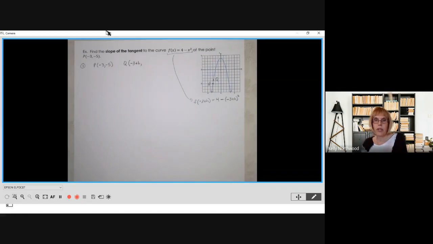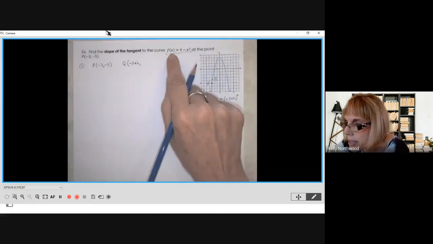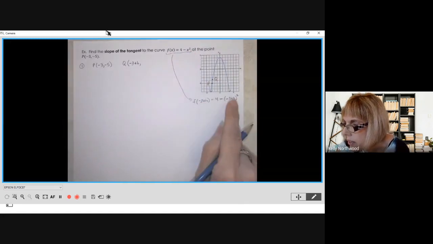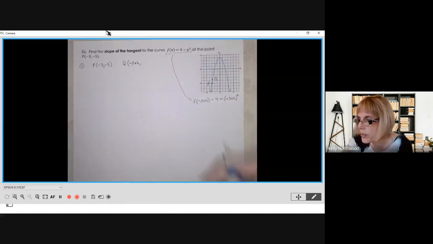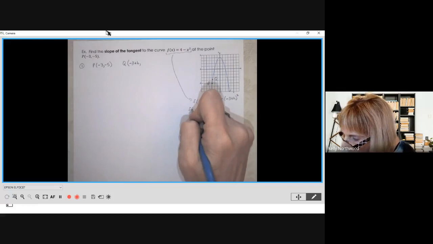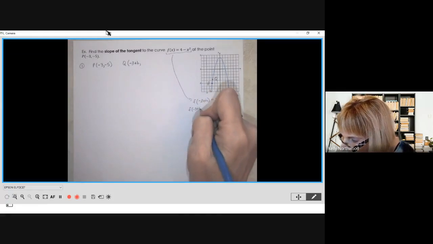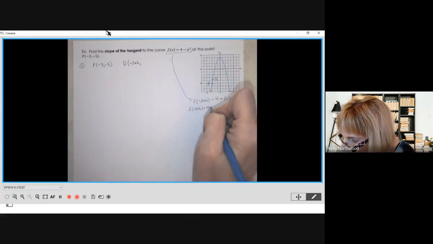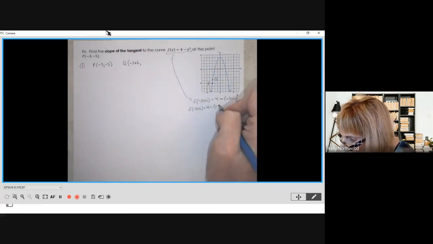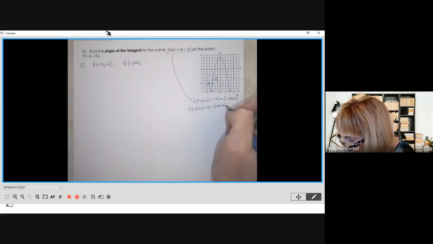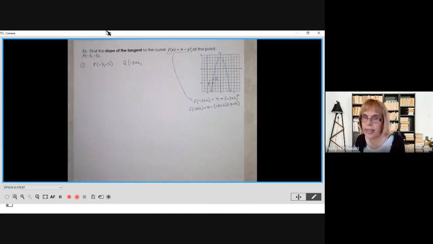So that first step was just using function notation, replacing x with -3 plus h. Now we've got to do some algebra. So I'm going to write this binomial out twice, like that.